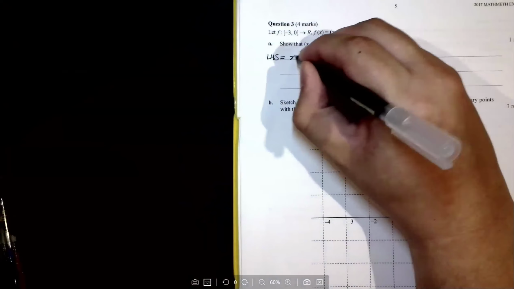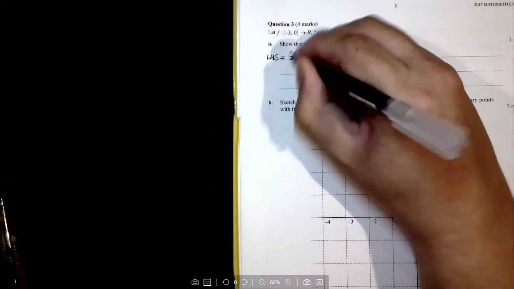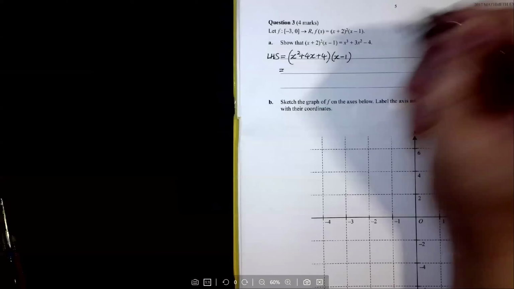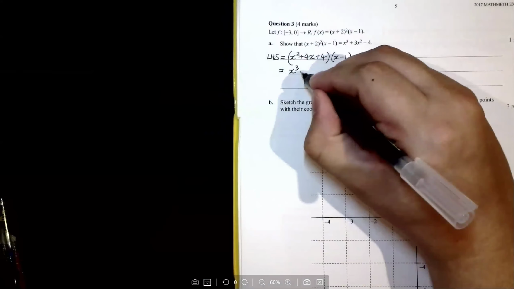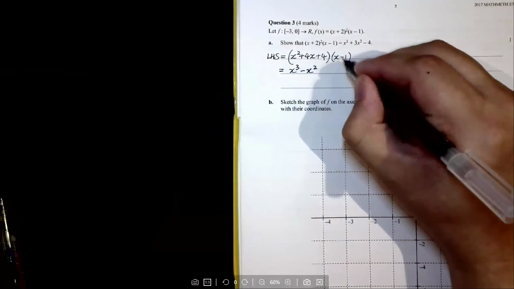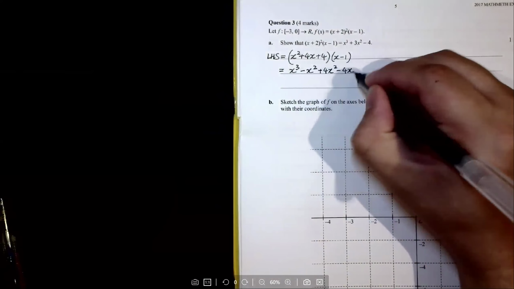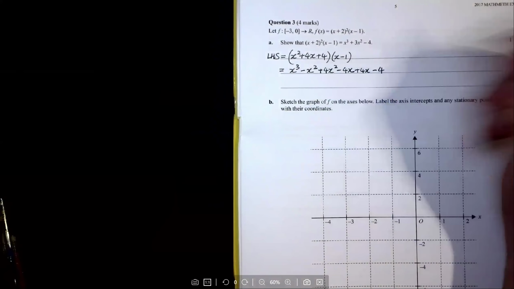For example, the first term is x squared plus 4x plus 4 times x minus 1 equals to x to the power 3 minus x squared plus 4x squared minus 4x. Finally, plus 4x minus 4.